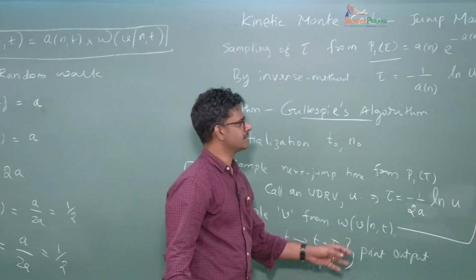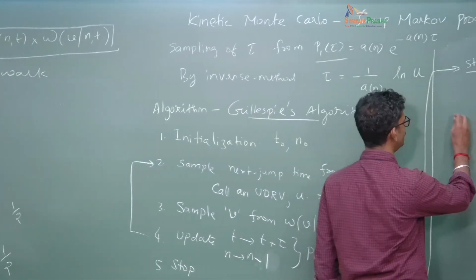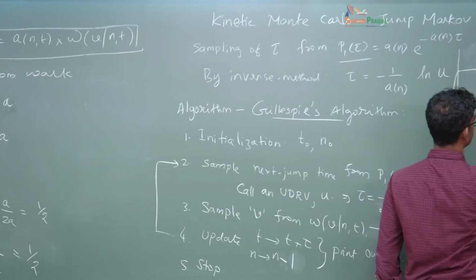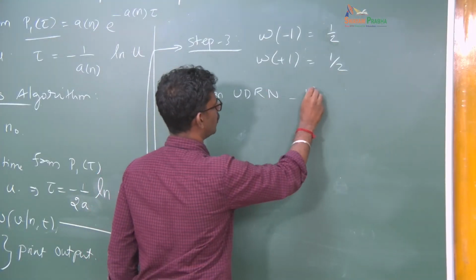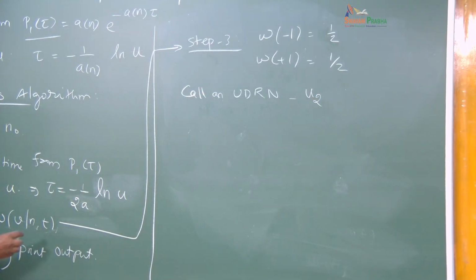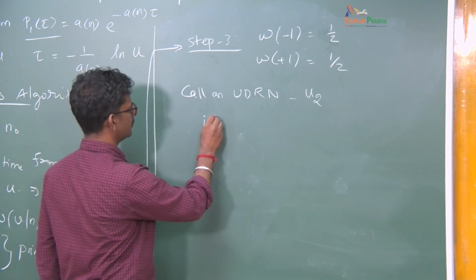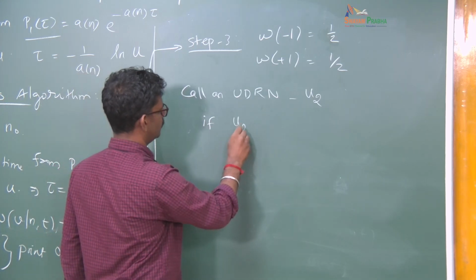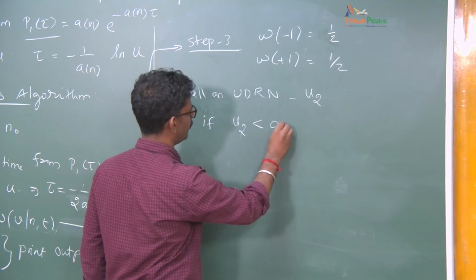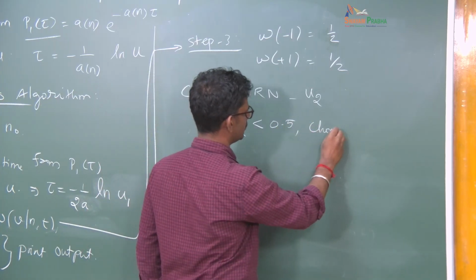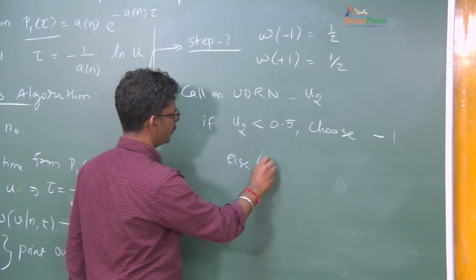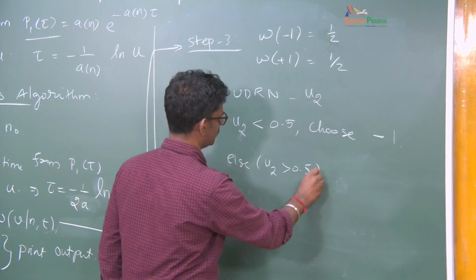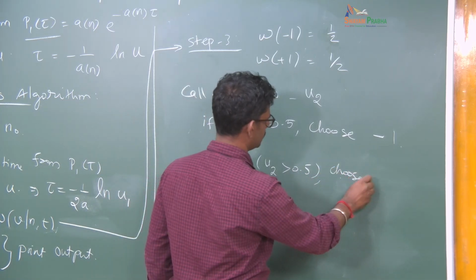The way you can do that is, in this case, you call a random number uniformly distributed. Let us call this u2, let this be u1, and then you check if u2 is less than 0.5, choose minus 1, else that means u2 is larger than 0.5, choose plus 1.